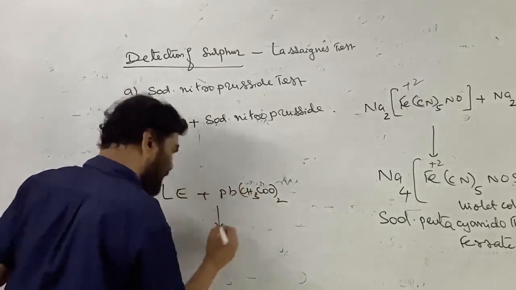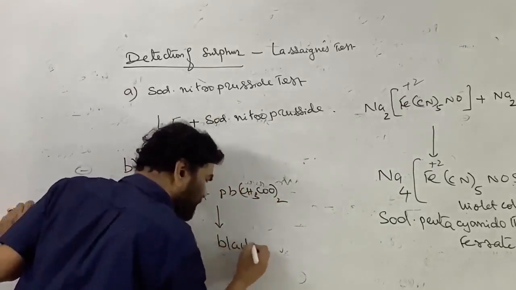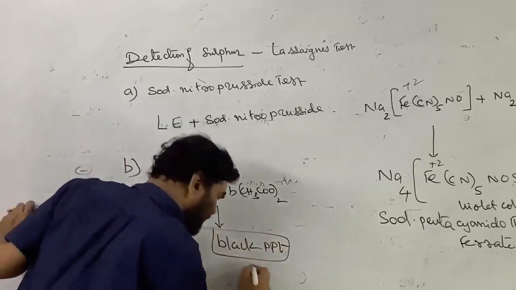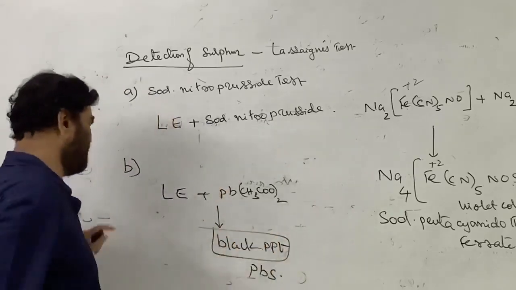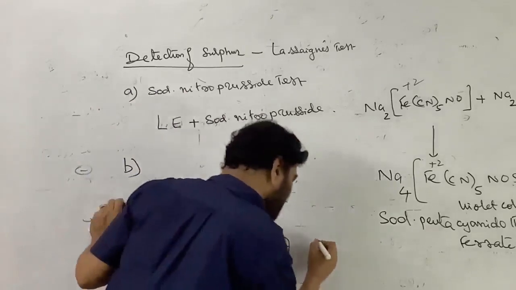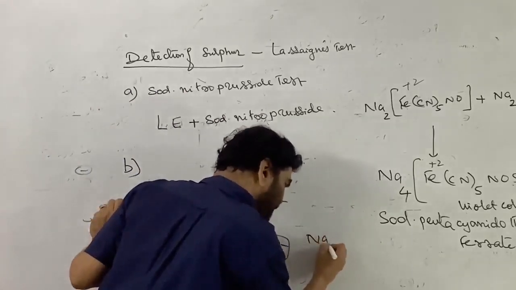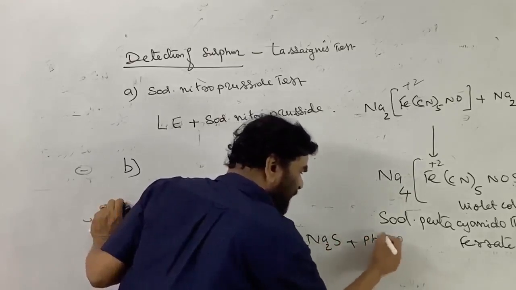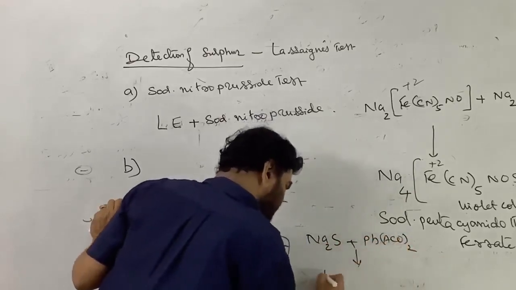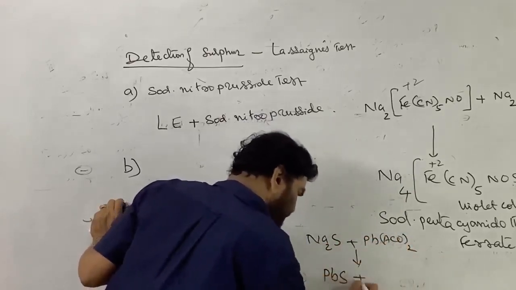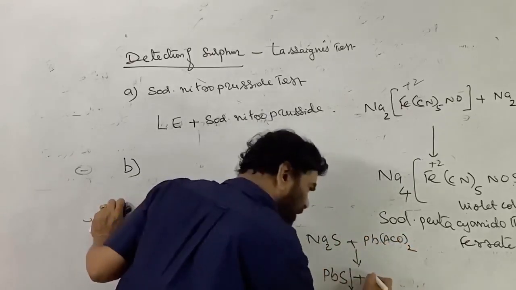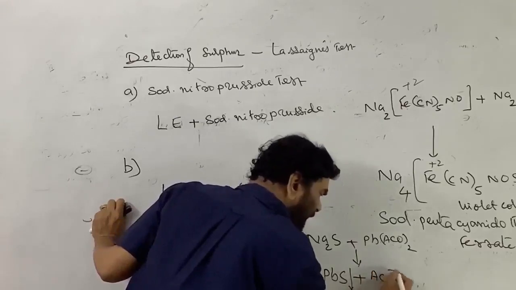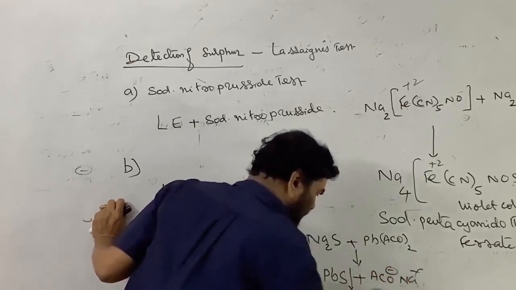To this added, a black precipitate is formed. Formation of the black precipitate is nothing but PbS. That is sodium sulfide plus lead acetate, Pb(CH3COO)2, gives PbS, a double decomposition reaction, insoluble by the solubility product principle, and sodium acetate is formed.